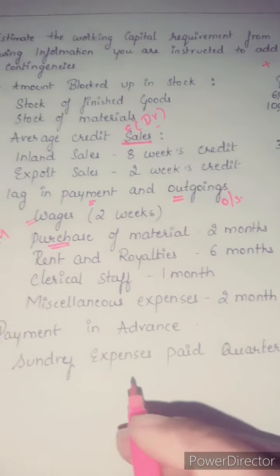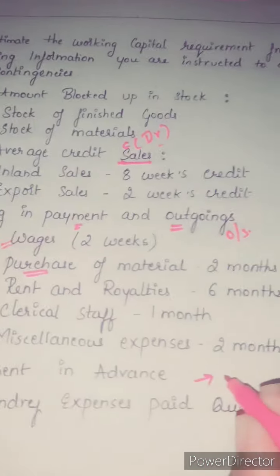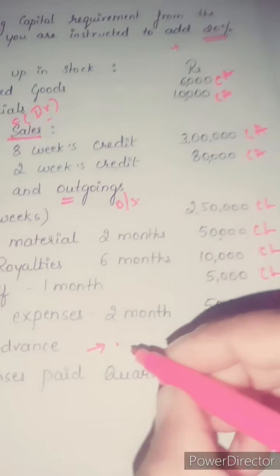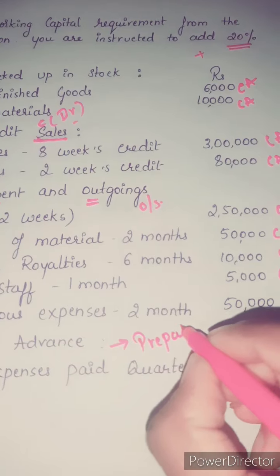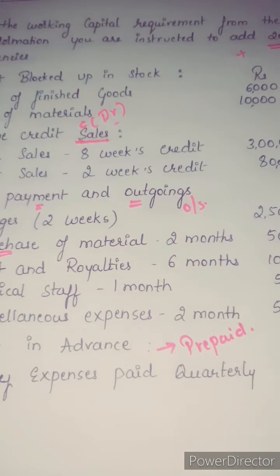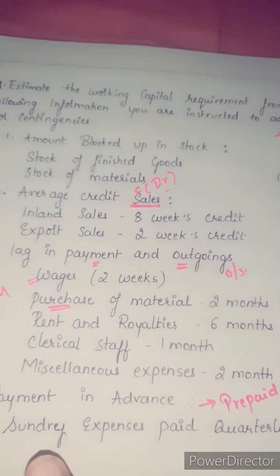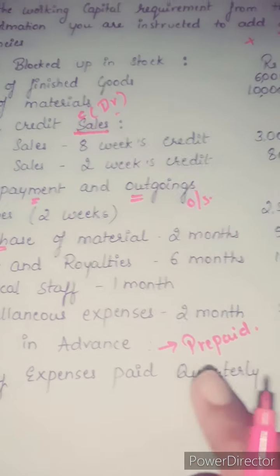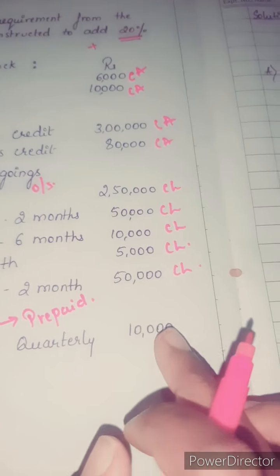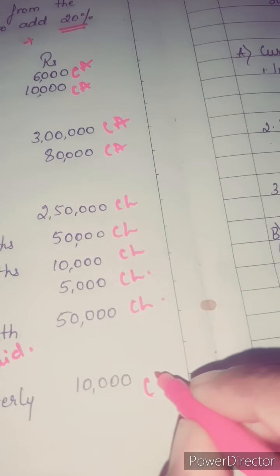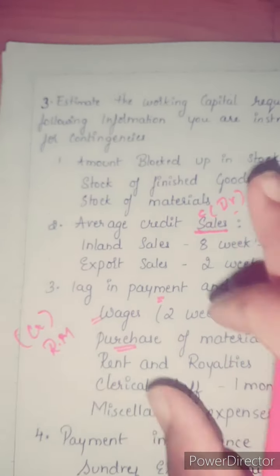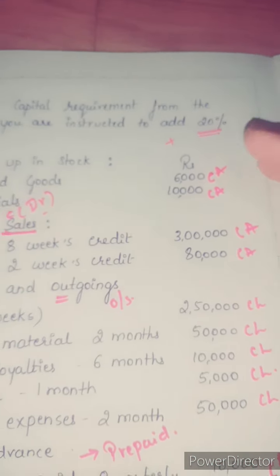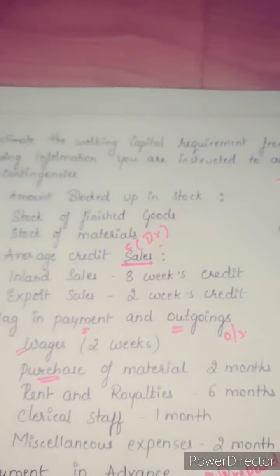Next, payment in advance, that is prepaid. In advance, I have given sundry expenses paid quarterly, that is 10,000. Prepaid is a current asset. So here we have classified which are current assets and which are current liabilities.